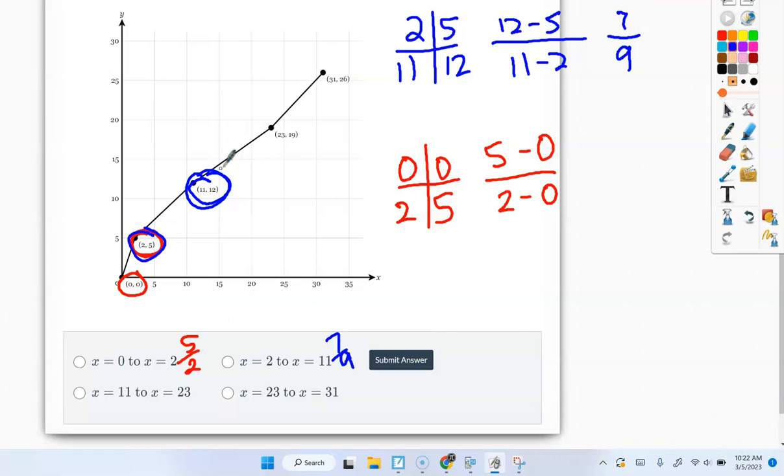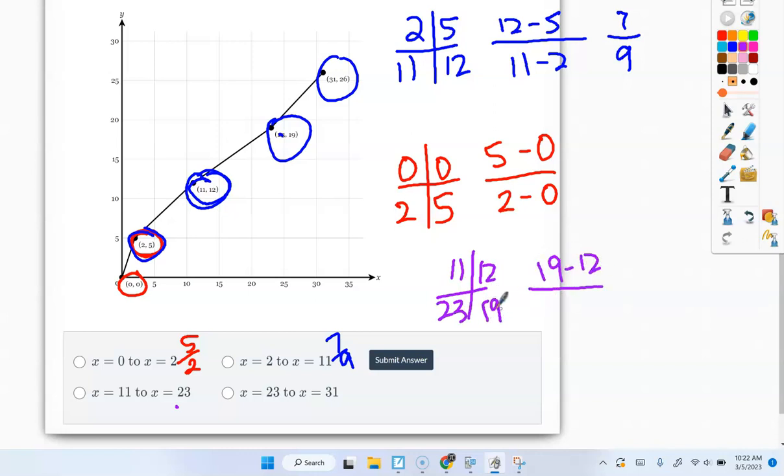And then we have 11 to 23, and then we have 23 to 31. So this third one here, 11 to 23 would be 11, 12. 23, 19, and we'd have 19 minus 12 over 23 minus 11, and that would be 7 over 12, so this one is 7 over 12.